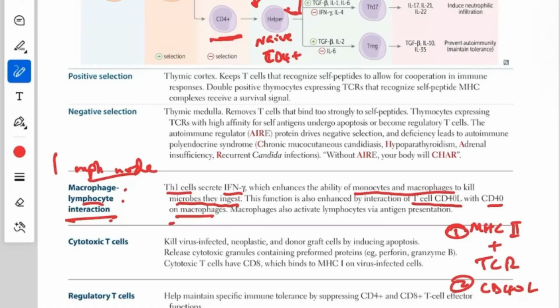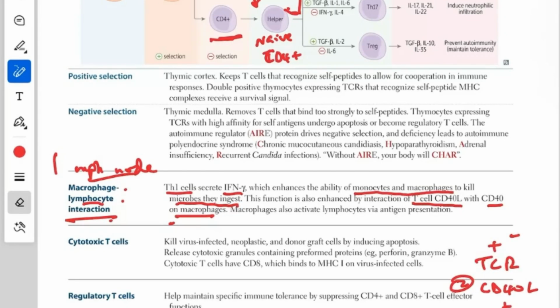It binds to CD40 on the macrophage. And we'll come to see there are other interactions like this that have to happen at the same time. Otherwise the macrophage will not get the activation it needs from the T cell, or the T cell will not be induced to differentiate into a Th1 cell. We'll come to see that all these interactions are essential, and there are disease processes that result if any of these interactions is disrupted. All right.